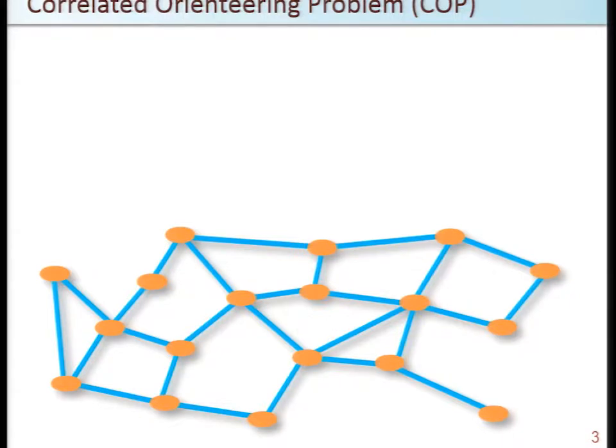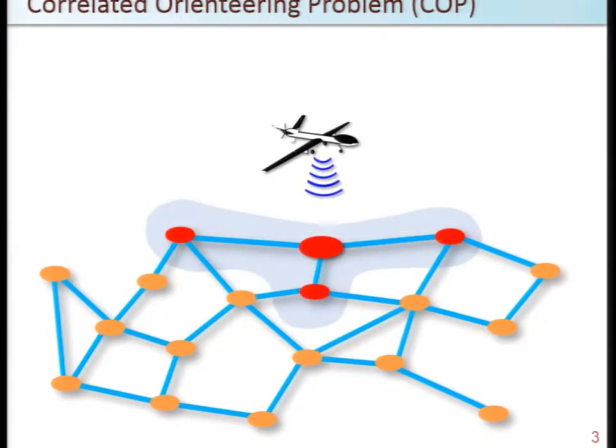Now, the reward in the orienteering problem can be some form of information that we want to collect. Often, information at nearby locations is correlated. That is, the locations might form a network of nodes such that a mobile sensor visits and collects information at one particular node. That information will allow us to have some partial information about nearby locations.